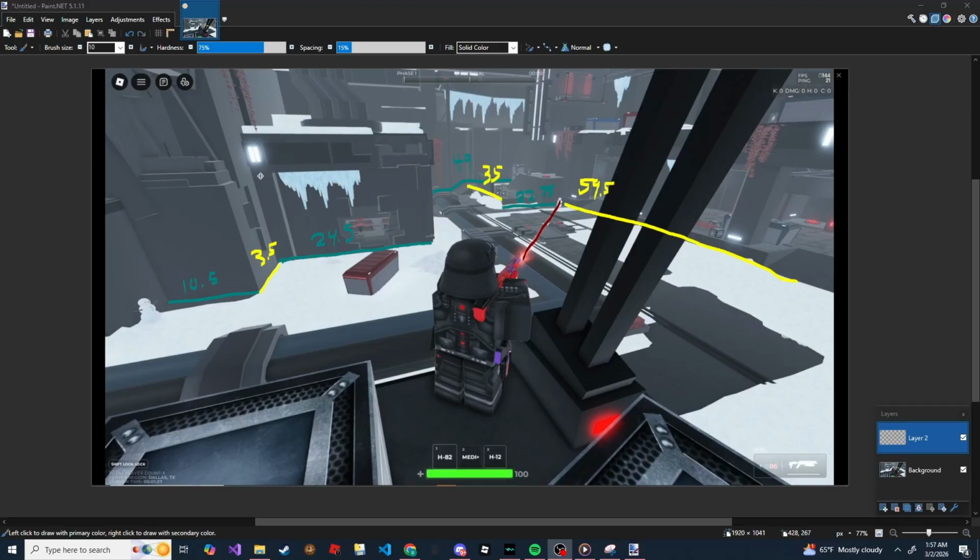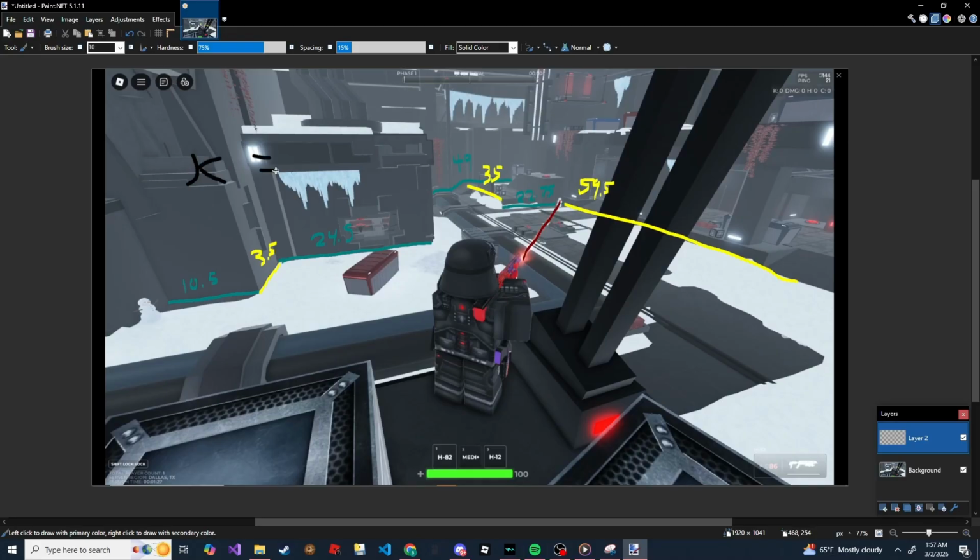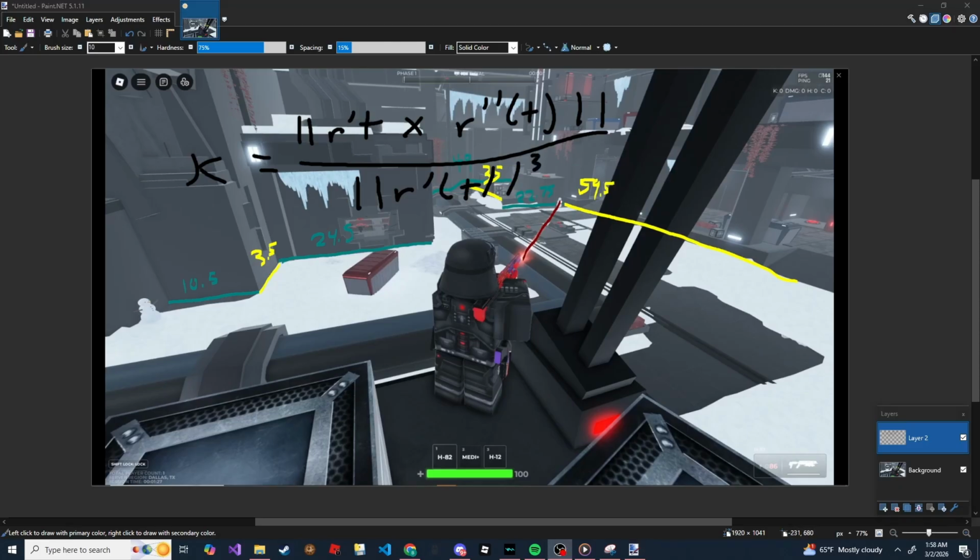So we want to calculate the curvature with that data. We need to run the equation that kappa, not k, equals the magnitude of r prime of t times r double prime of t over the magnitude of r prime of t to the power of 3. This describes the instantaneous rate at which the direction of the trajectory changes.